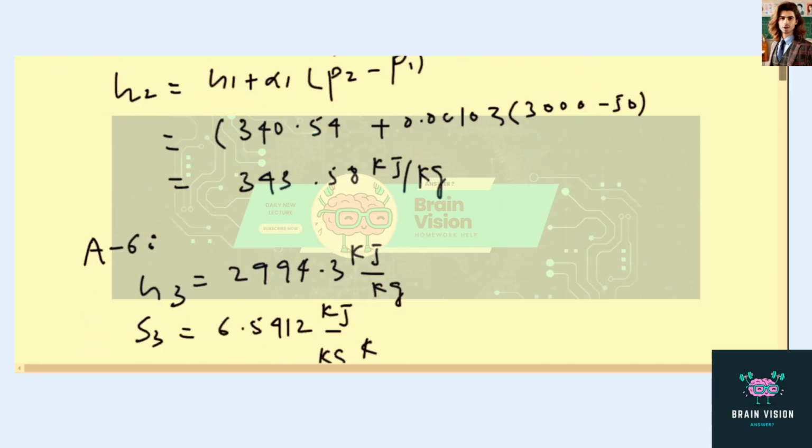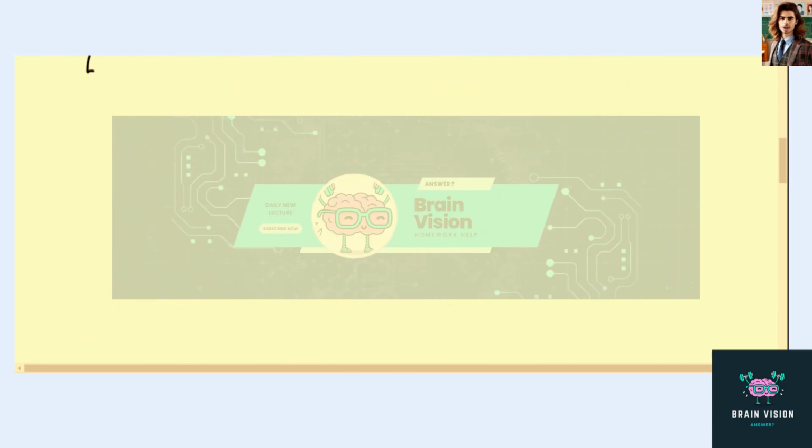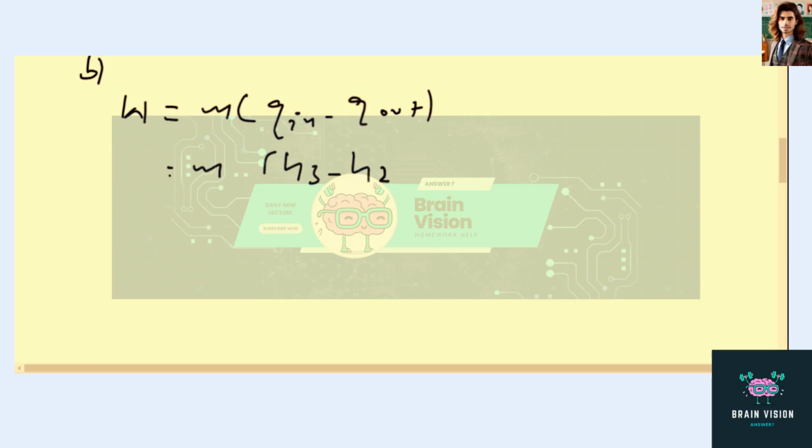Now we do part B. Well, the net power output is determined from the heat input and output. So W is equal to M into Q in minus Q out. And this can be written as M into H3 minus H2 minus H4 minus H1, right?